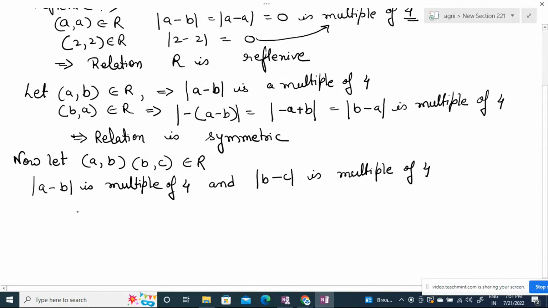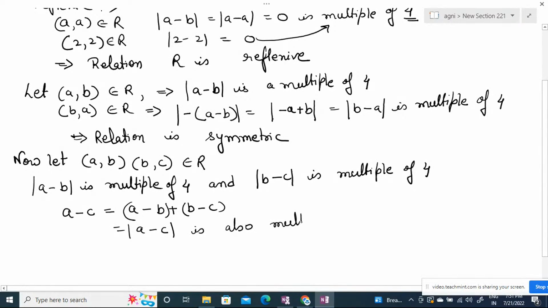So from here, if we find A minus C, it can be equal to A minus B plus B minus C. We have to add both of them, and we get A minus C. So A minus C is also a multiple of 4. So R is transitive.